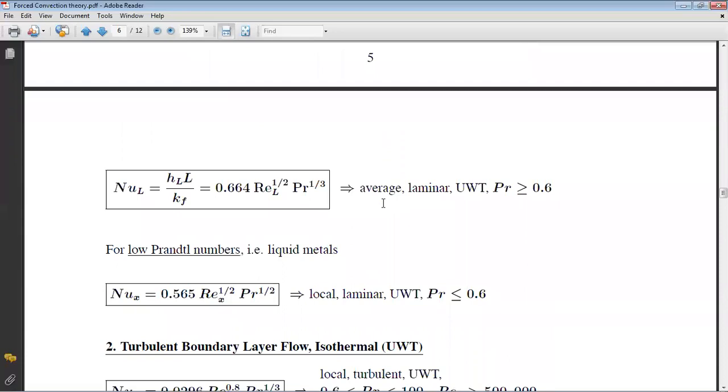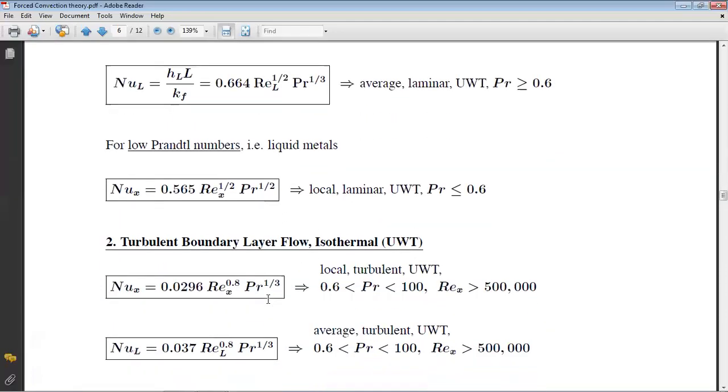This is for fluids which are having Prandtl number greater than 0.6. Similarly, for liquids, the Nusselt number is given as 0.565 Re to the power 0.5 and Prandtl number to the power 0.5. So again, this appears on page number 113 of your Heat and Mass Transfer Data Handbook.